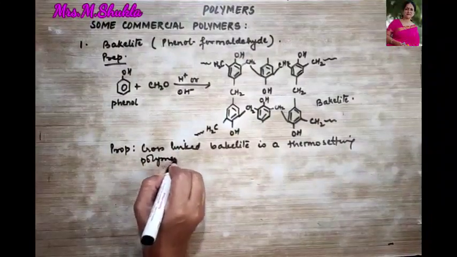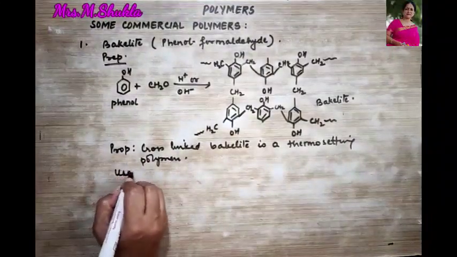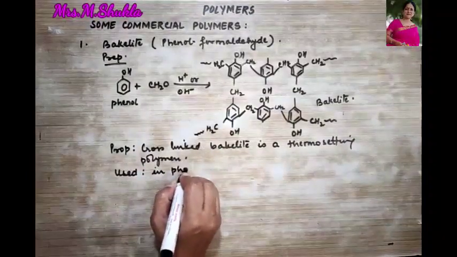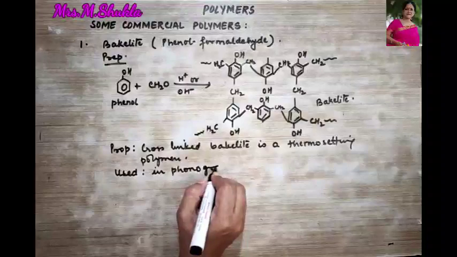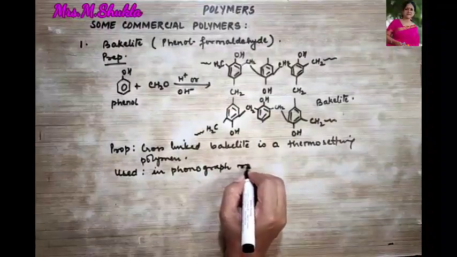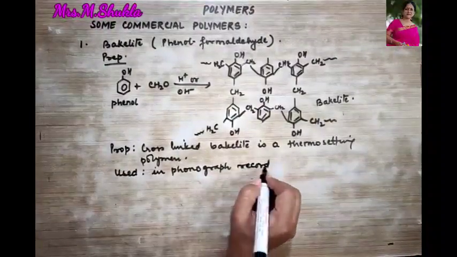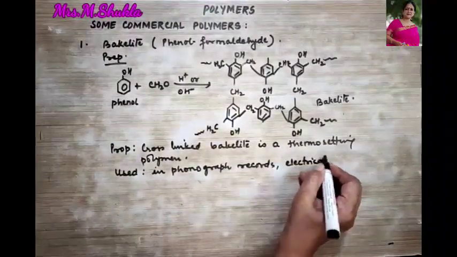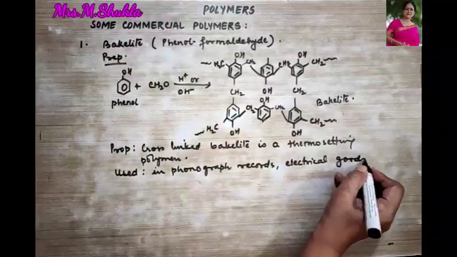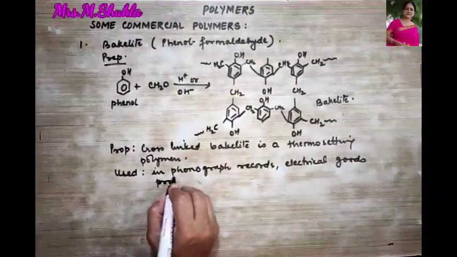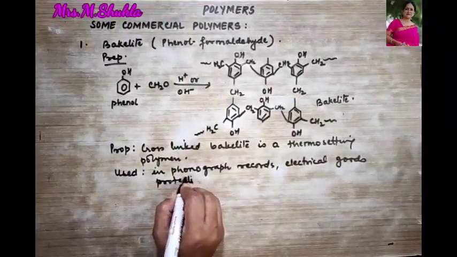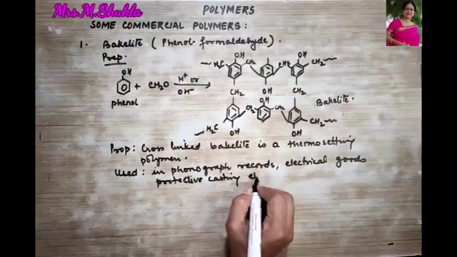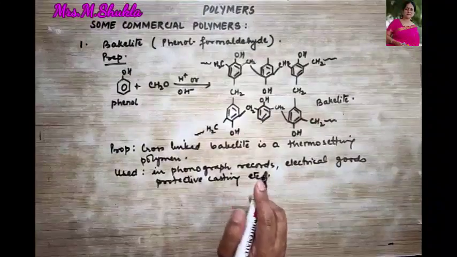Okay, and whereas it is used in phonograph records, then in the electrical goods, okay, and even for the protective castings, etc. So this was all about bakelite.